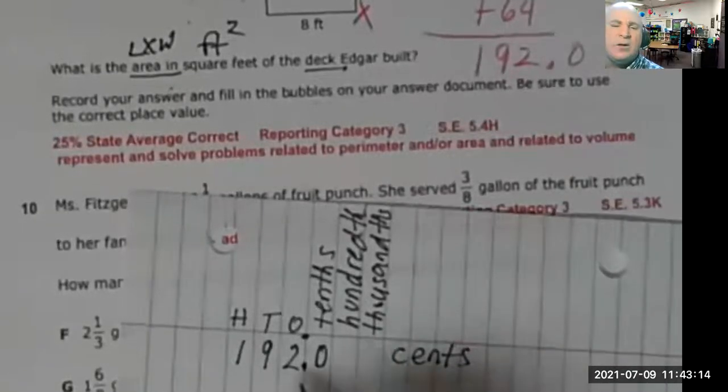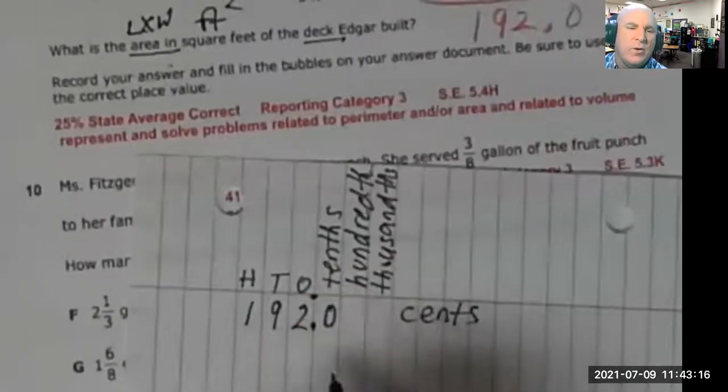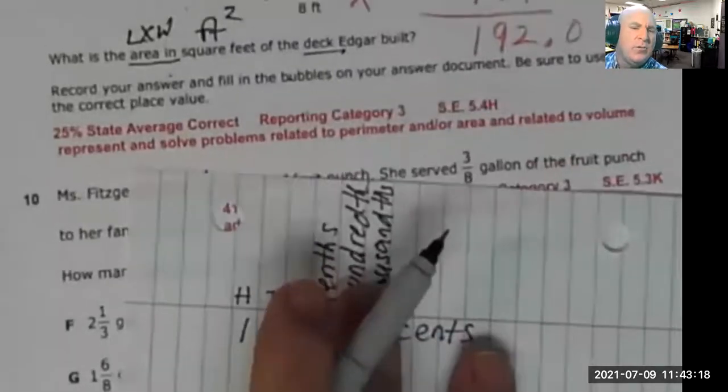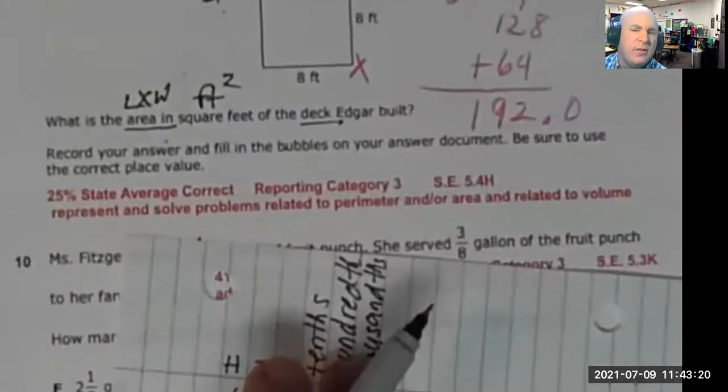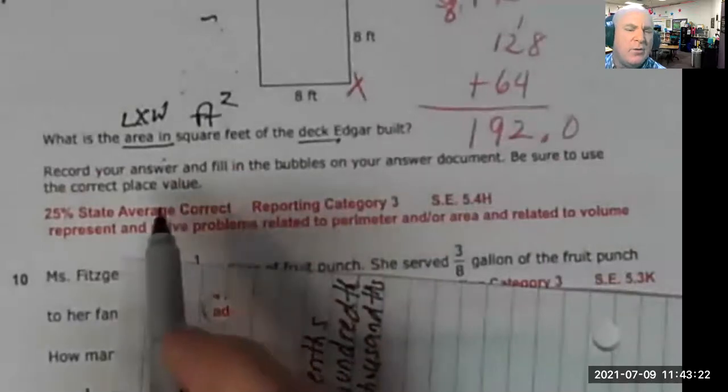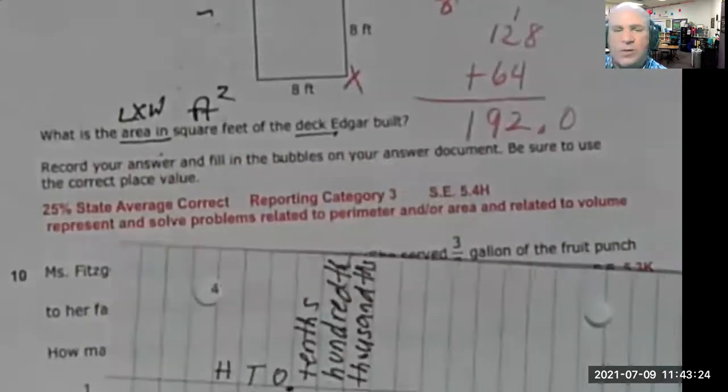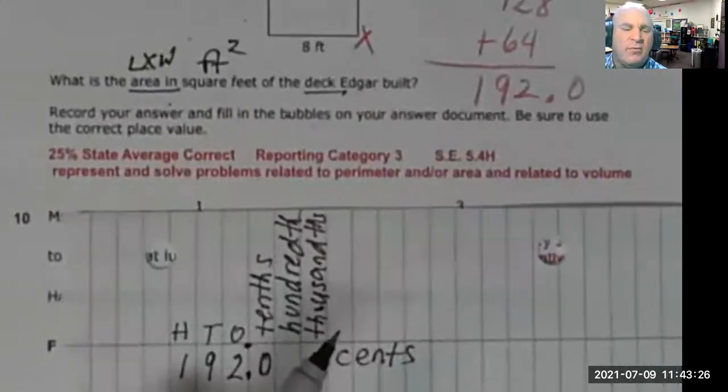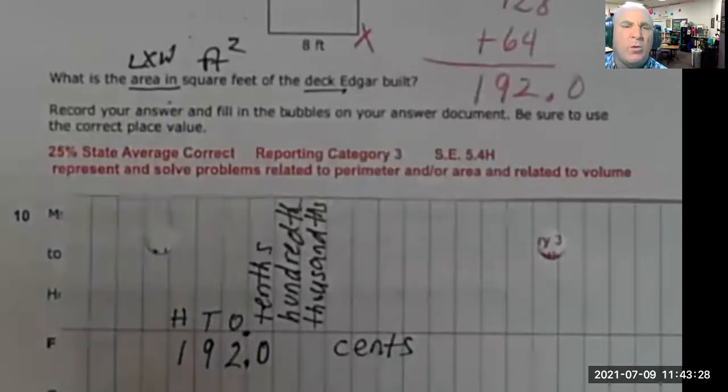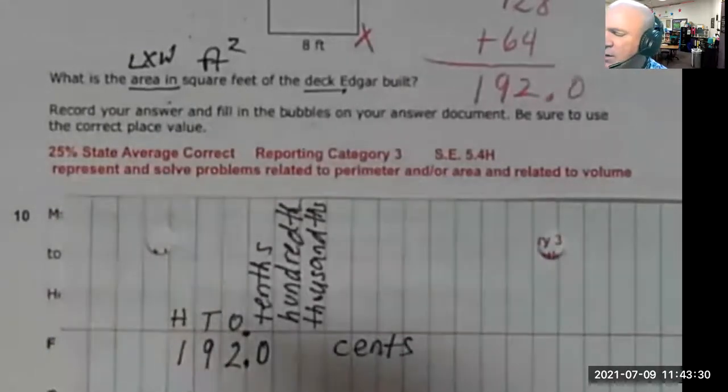And so your kids, all they had to do was record their answer in their answer document and use the correct place value. But whenever you don't have multiple choice, when our world is open ended, it makes it a lot harder.